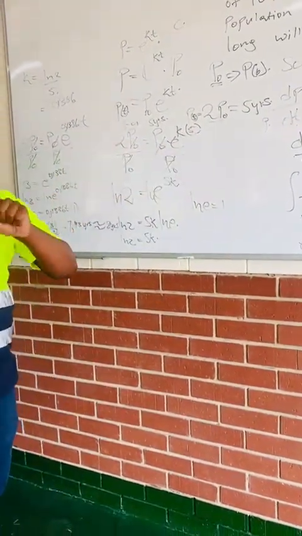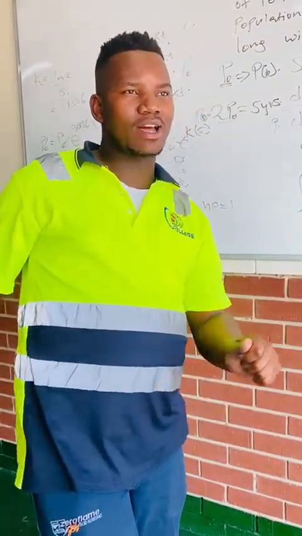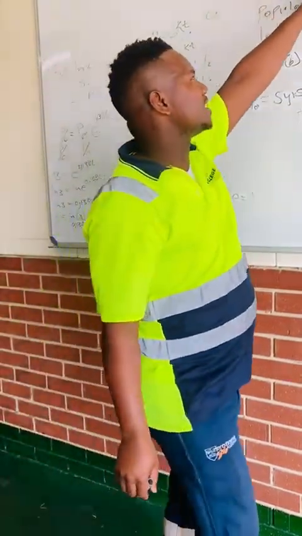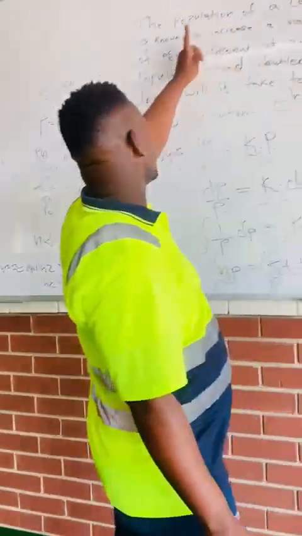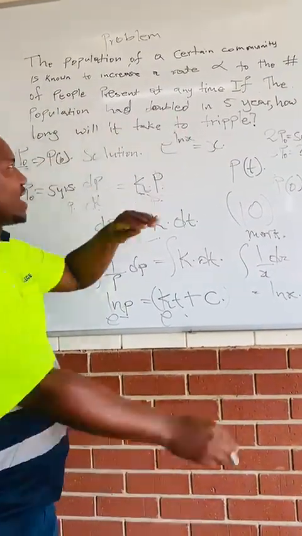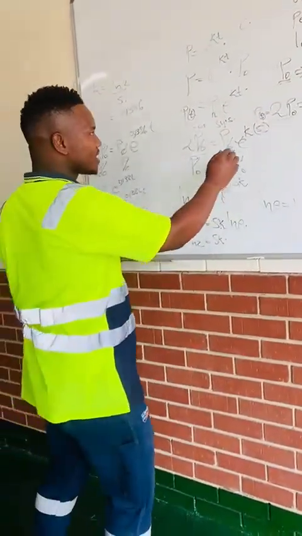What we are trying to know now is how much is our constant, right? Because it says the population of a certain community is known to increase at a rate that is proportional. We are trying to know this guy, the population constant, which is k.